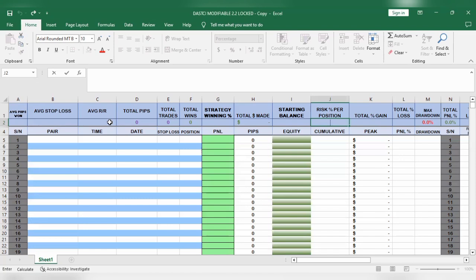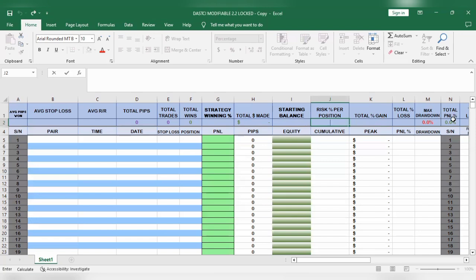More on that later. Here you also get to see the calculation of the total pips, the total trades, the total wins from your total trades, the winning percentage of that particular strategy, because obviously this is to backtest a strategy, the total dollars that you've made, and the starting balance. Here you can input your starting balance, your risk percentage per position, the total percentage gain, the total percentage loss, the max drawdown, that is the period or the percentage of the highest point of your losses.